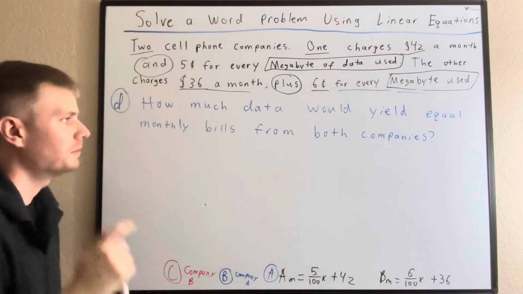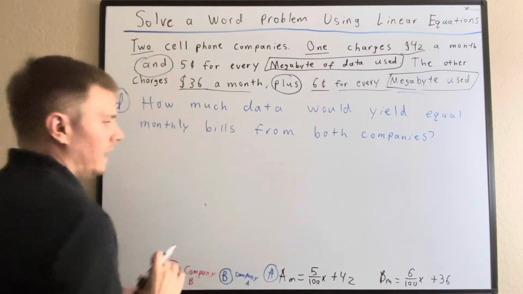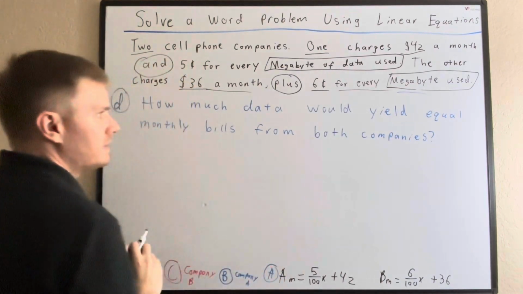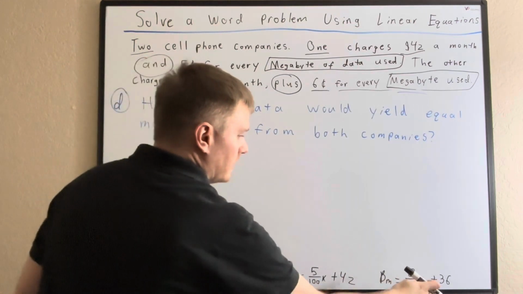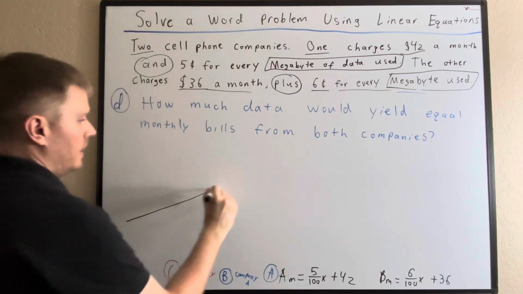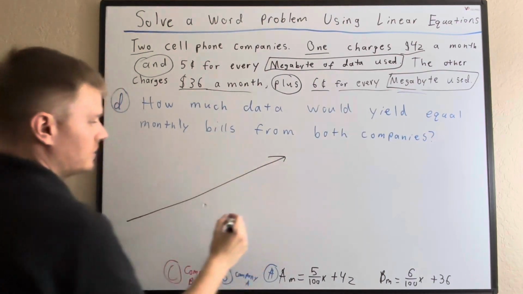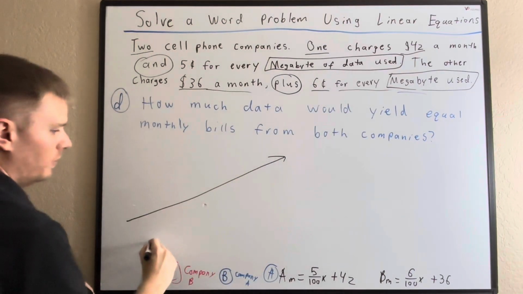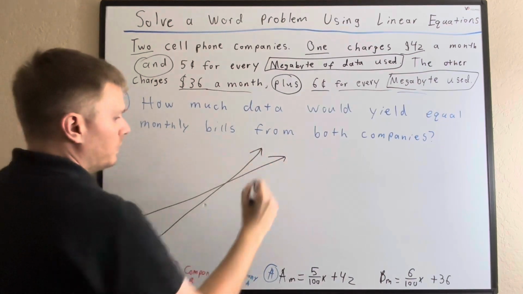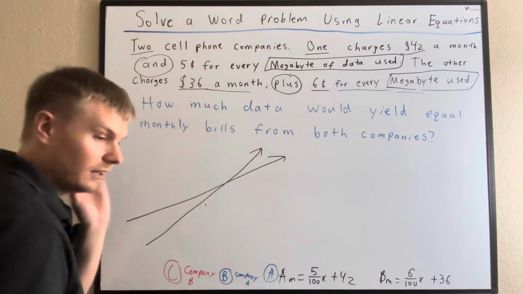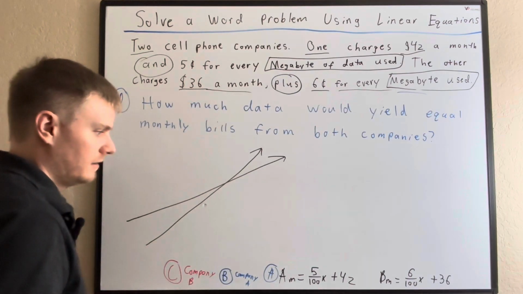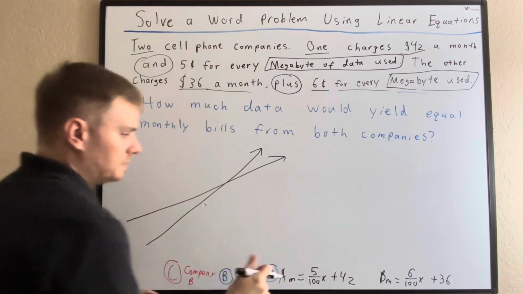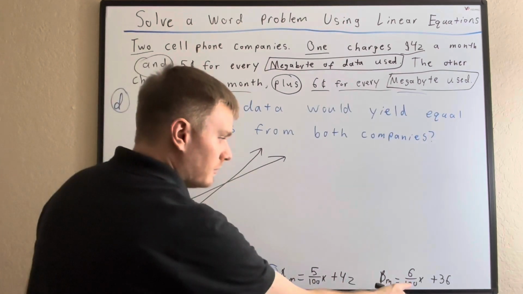Well, remember in part A when I told you that both of these companies, these linear equations, have slope and y-intercepts. Well, if you remember from my parallel and perpendicular lines video, are these parallel?